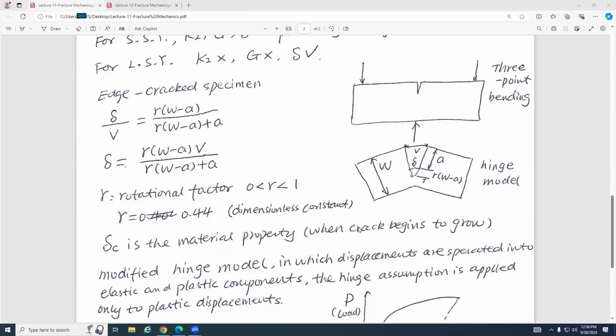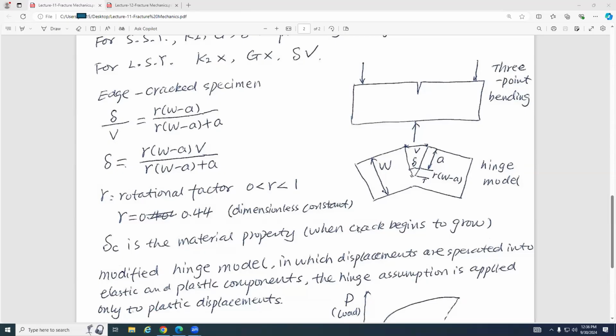If I extend this one, it comes here. So this is a small triangle and this is a bigger triangle, and they are similar. You guys agree? They are similar, which means the ratio of this edge to this edge, that is half delta divided by half V, equals this one over this one.